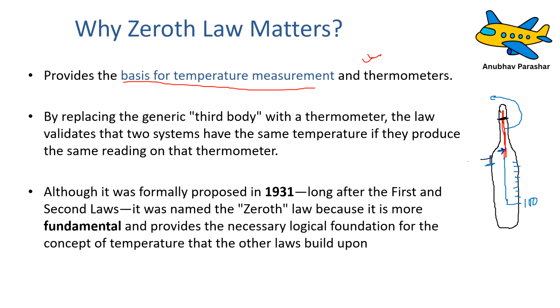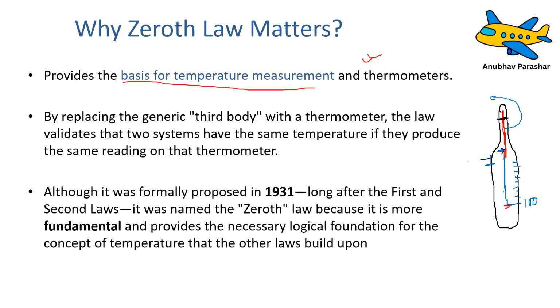If mercury and I are in thermal equilibrium, it means my temperature will be equal to the temperature of the mercury. So whatever temperature the mercury is showing through its expansion accurately tells my body temperature. So you see, the zeroth law of thermodynamics became the basis of temperature measurement and thermometers, and that is why it is very important.